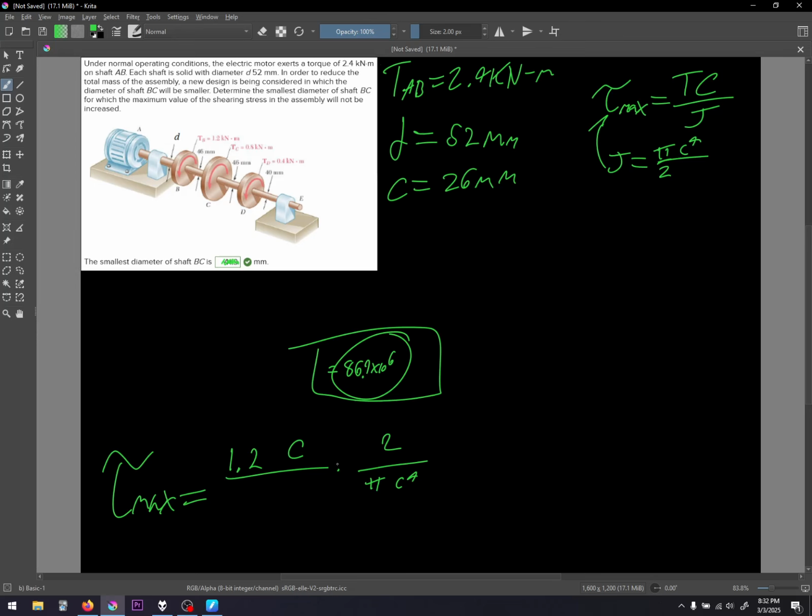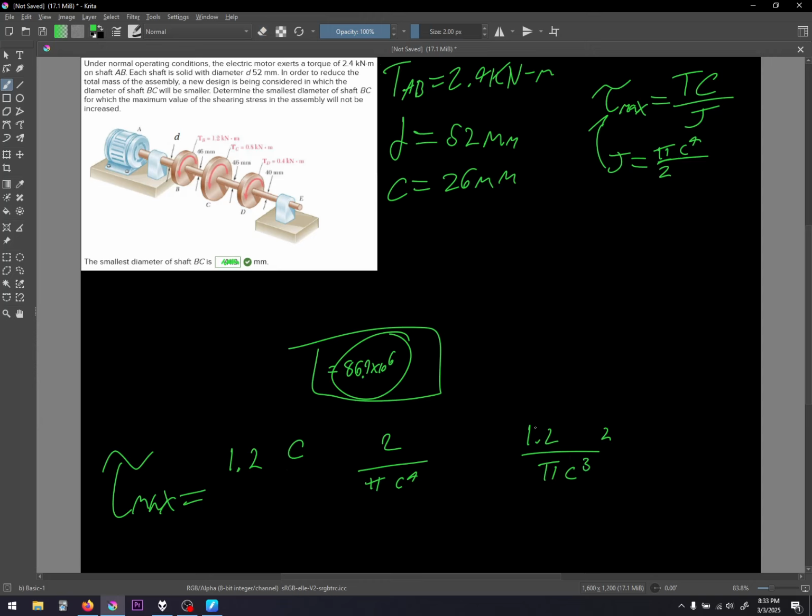So we can actually rewrite this because this is not actually over anything anymore. We can rewrite this as one thing. So it's 1.2 C times 2 over pi C to the fourth. This C goes away, and this is C to the third.